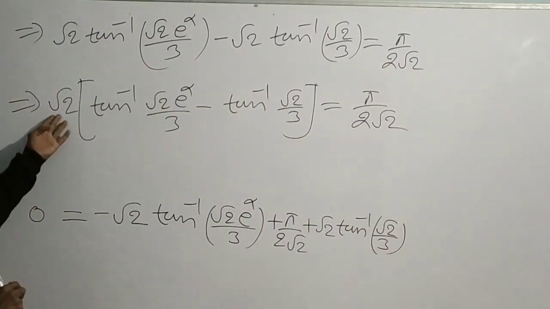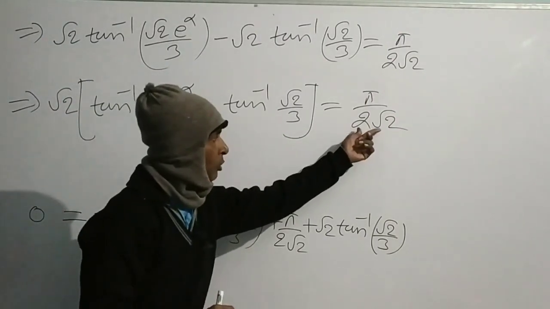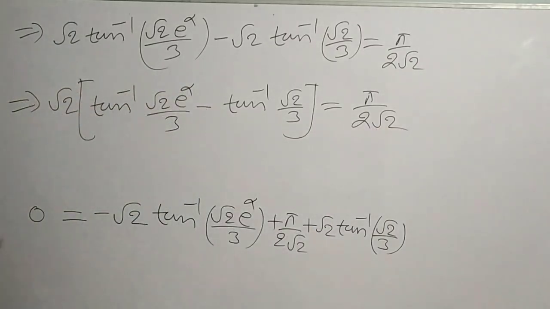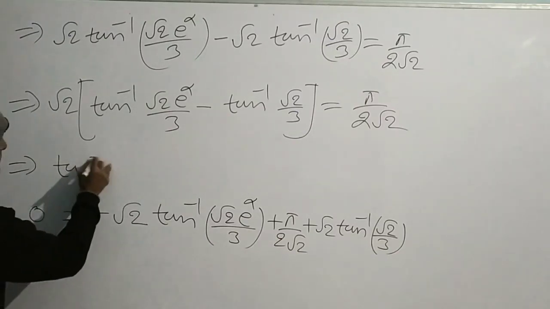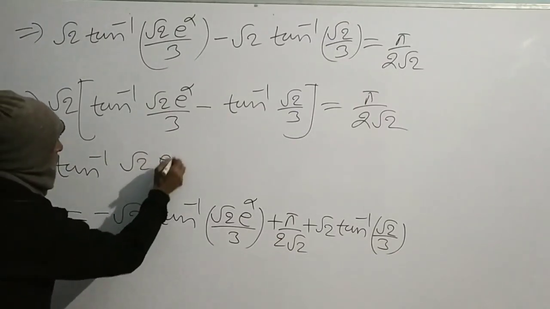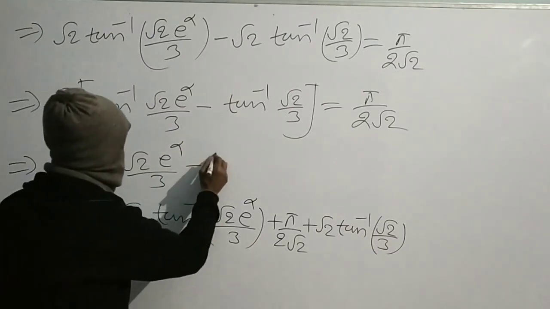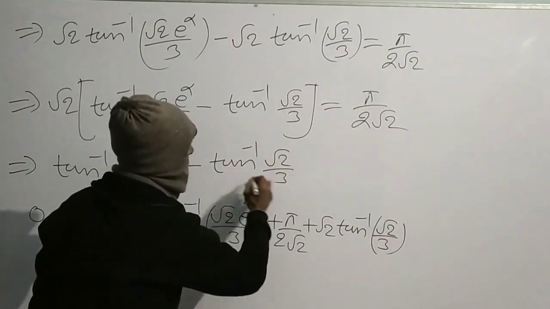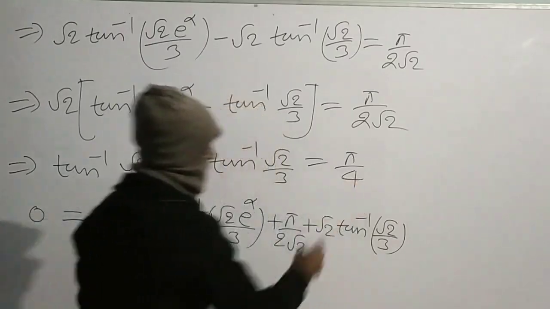When we shift this root 2 to the right hand side, the denominator will become 4. This implies tan inverse root 2 e to the power alpha by 3 minus tan inverse root 2 by 3 is equal to pi by 4.